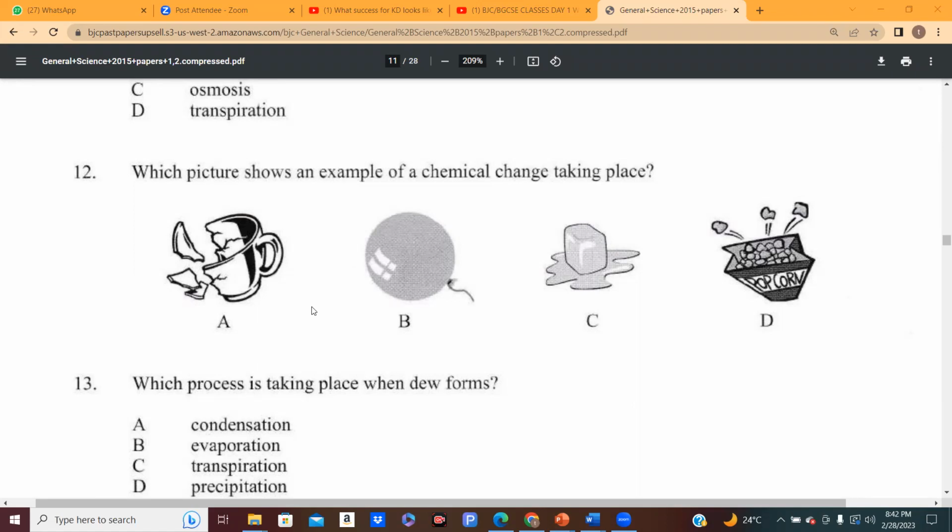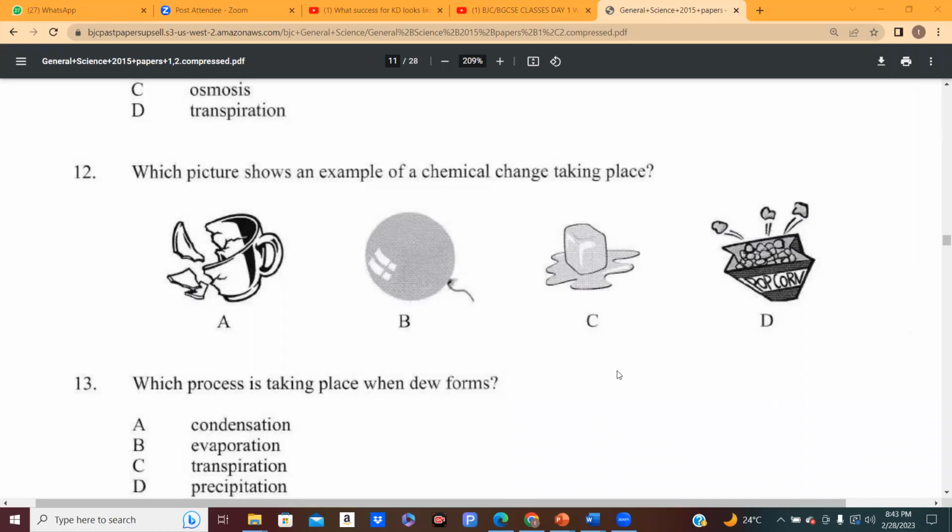No new product is formed. But with a chemical change, a new product is formed, and typically you can't go back to what you started with. For example, burning wood. If you burn wood, that's it. You can't get that wood back again. It's already burnt. That's a chemical change.